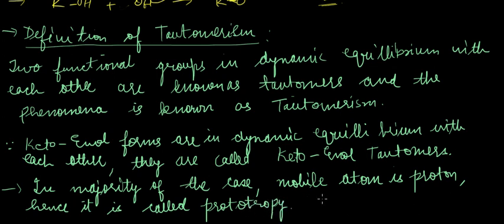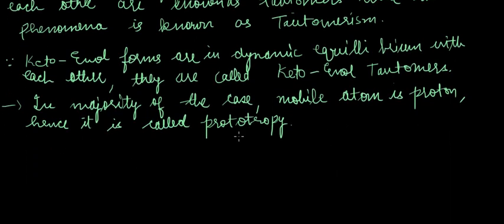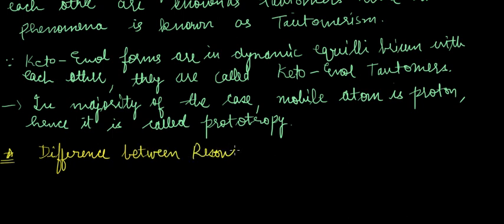Okay, so now most of you must have questions regarding what is the difference between resonance and tautomerism, as both of them are in dynamic equilibrium with each other. So we'll just see the difference between resonance and tautomerism.